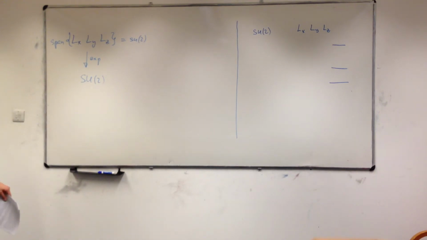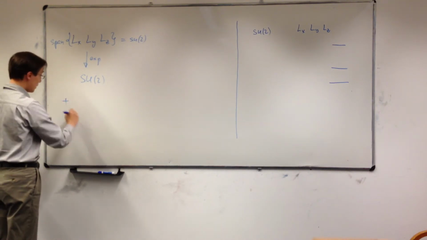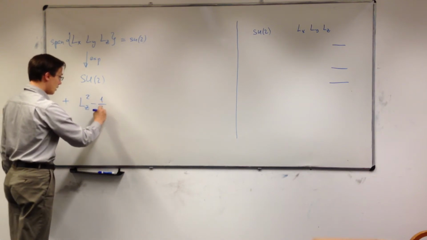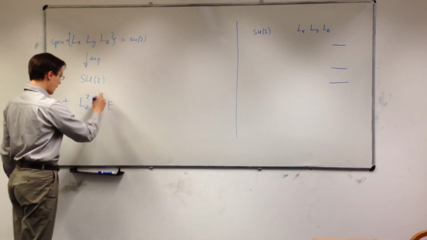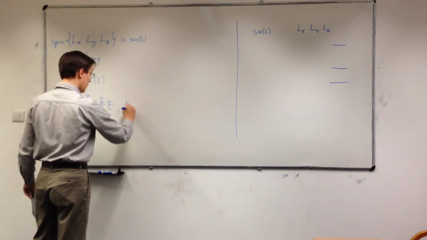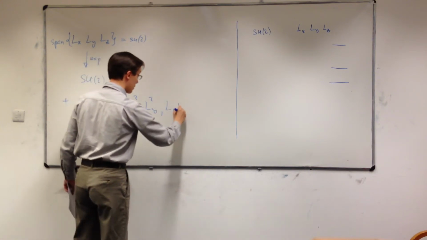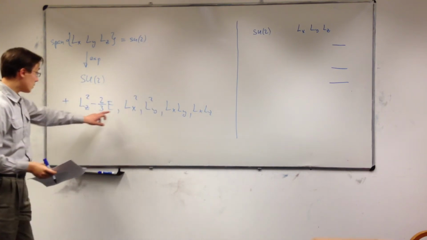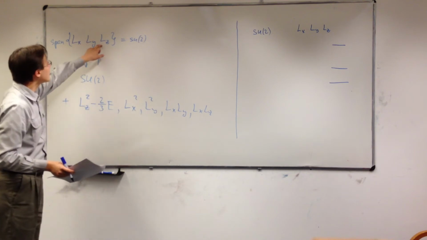However, if we add to these the quadrupolar interaction operators, what we will also have is Lz squared minus a third E, I think it's a third, yeah, 2/3 E. Then Lx squared, Ly squared, Lx Ly, and Lx Lz. 1, 2, 3, 4, 5, 6, 7, 8.